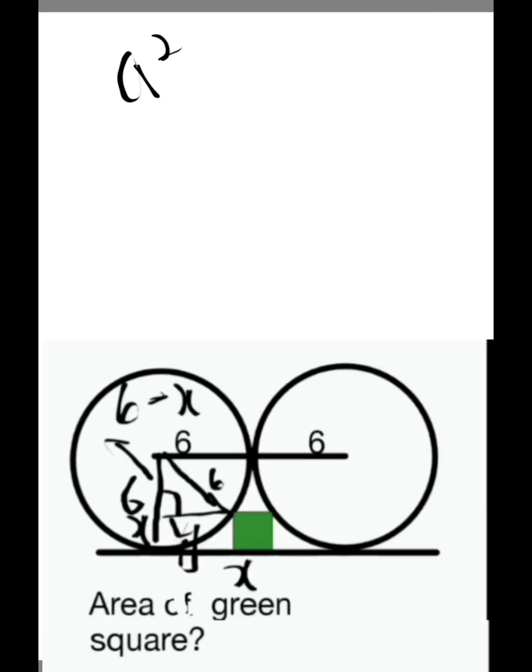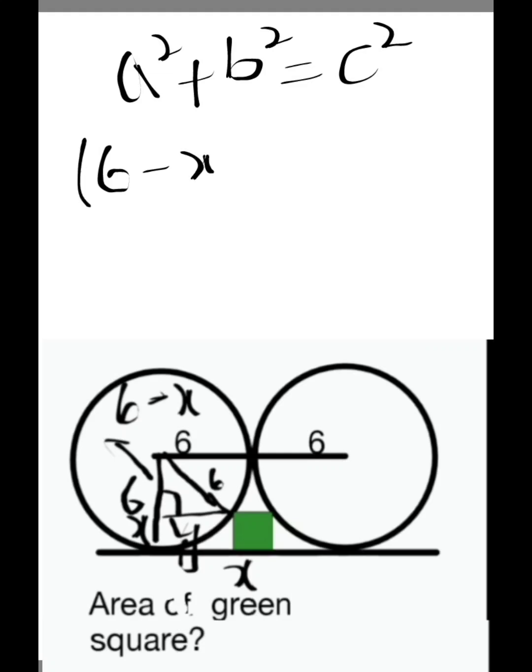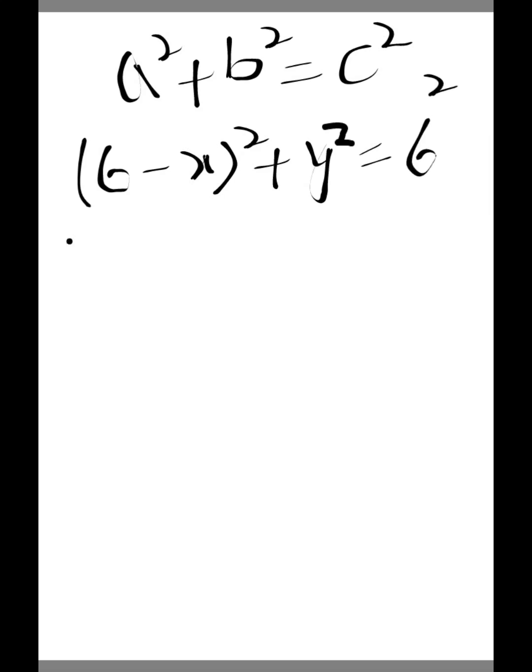So as we know, according to Pythagoras theorem, a square plus b square is equal to c square. So a square means (6 minus x) square, plus b square means y square, is equal to the hypotenuse, which is 6, so 6 square.